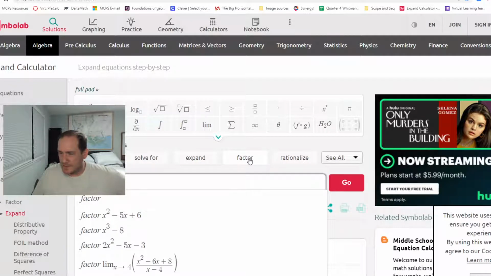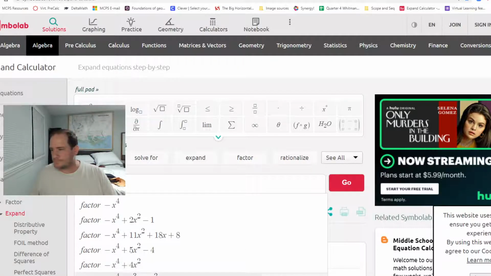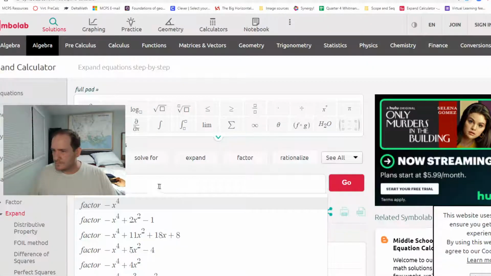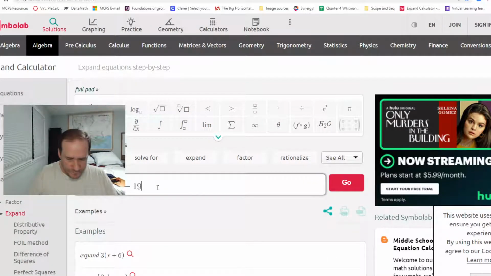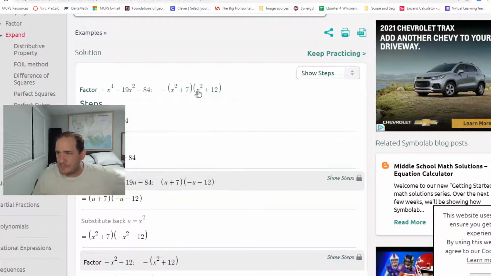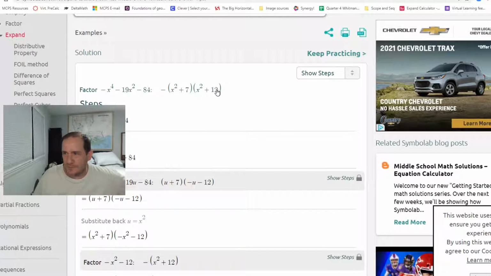We're going to factor whatever we just had, x to the 4th plus 19x squared minus 84. Go. It is factorable. Not for crying out loud. All right, then fine. You've got to factor it. I should have just checked. I mean, the only factors of 84 are 7 and 12.